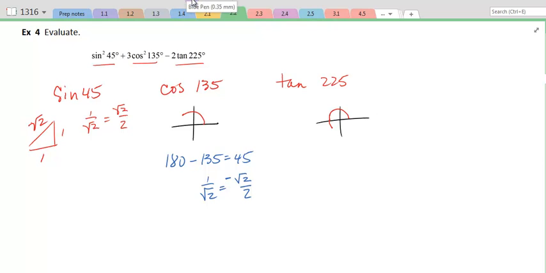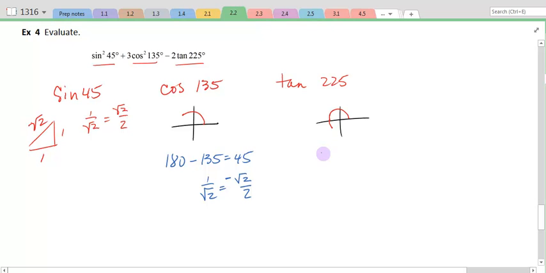So I'm going to take 225 minus 180. I find out that that's also 45. So I'm looking for this little acute angle here. So the tangent of 225 is y over x, which is just 1. And tangent is positive down here in the third quadrant.